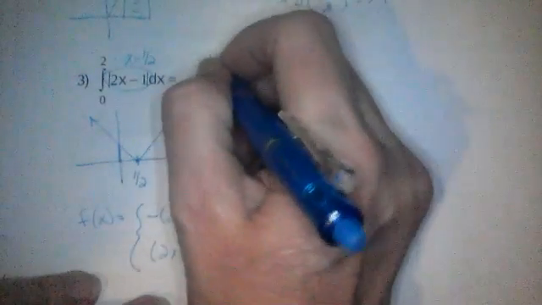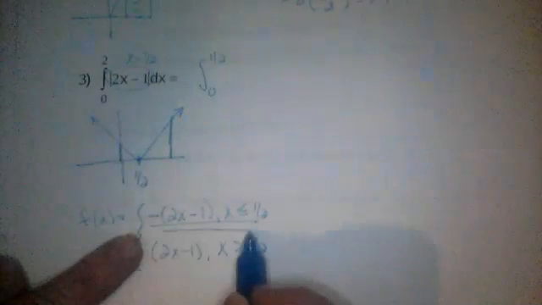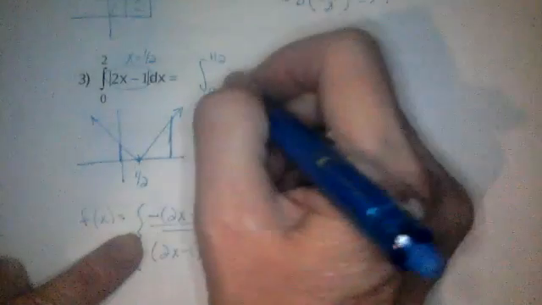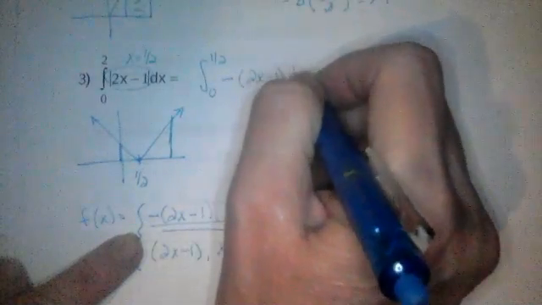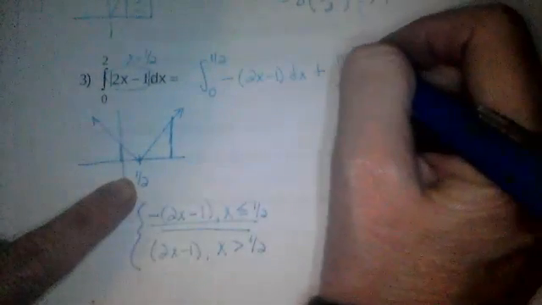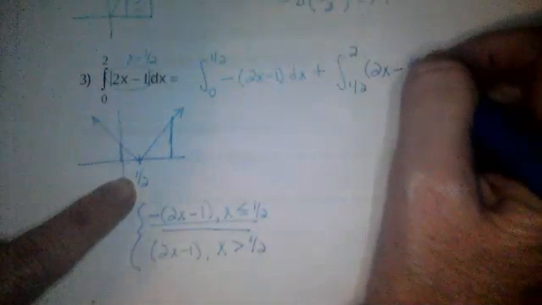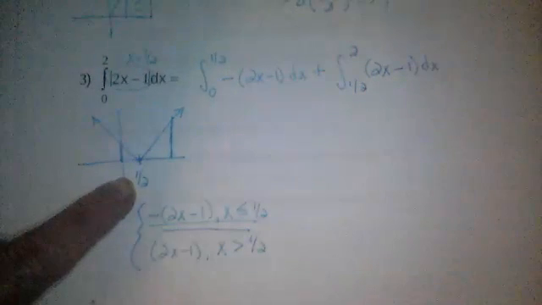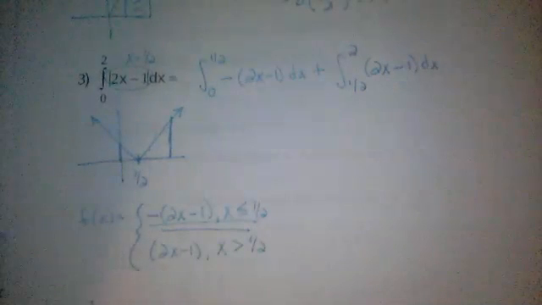Because from 0 to 1/2, I've got to use this one. So from 0 to 1/2, I want to integrate negative of 2x minus 1. And then I'm going to have to add to that from 1/2 to 2 of the positive 2x minus 1. Okay? So an absolute value is a good example of one that we would need to split up.